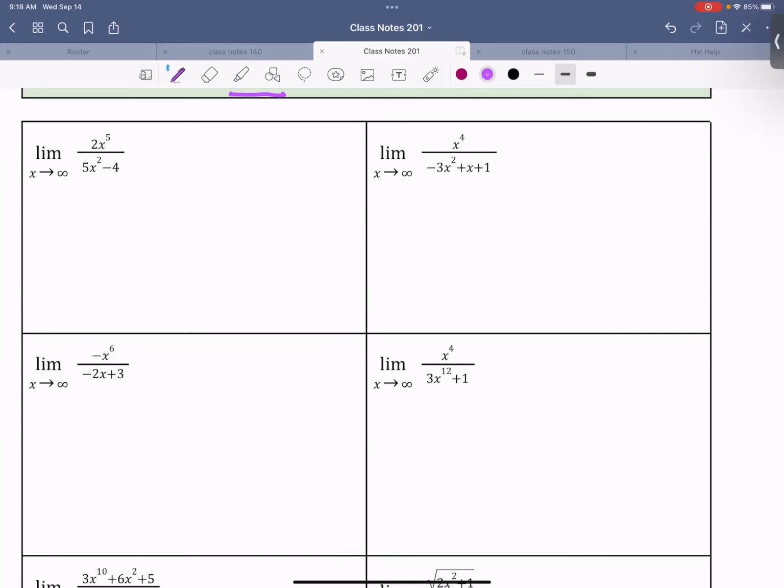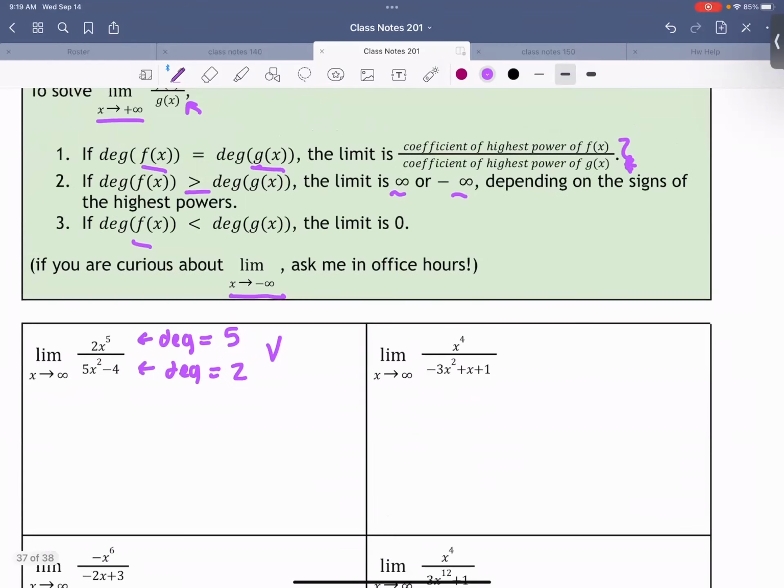Limit as x approaches infinity, 2x to the 5th over 5x squared minus 4. What's the degree of the numerator? 5. Degree of the denominator? Good. The numerator exceeds the denominator, so it looks like we have something like number 2, where the answer is either positive infinity or negative infinity.